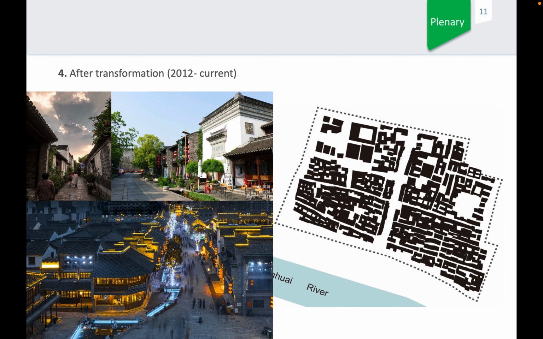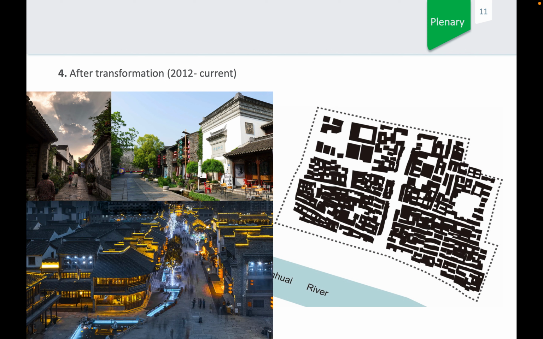The last period is after transformation. In 2014, the Youth Olympic Games would be held in Nanjing. This large-scale event has become a driving force for further urban renewal. As a representative historical area in Laochengnan, Laomendong was officially planned as restoring authentic historical characteristics.